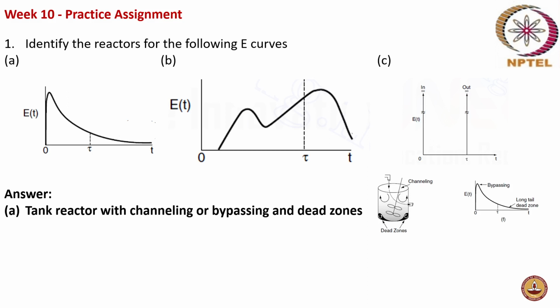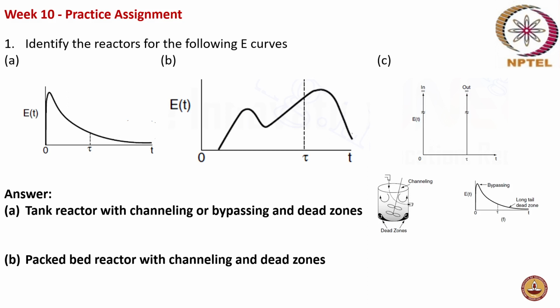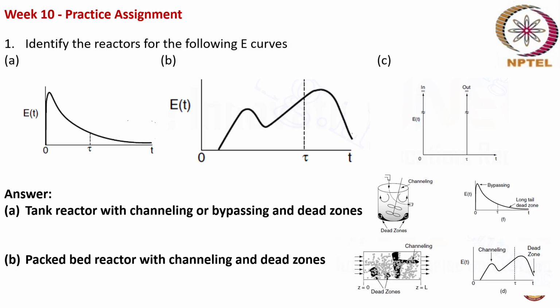What about figure 2? Figure 2 represents a packed bed reactor, here again with channeling and dead zones. A packed bed reactor is packed with either catalyst particles or some other particles.